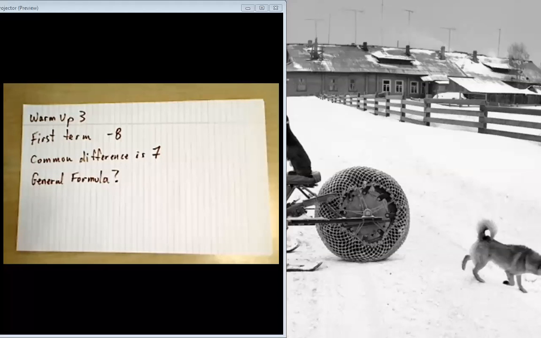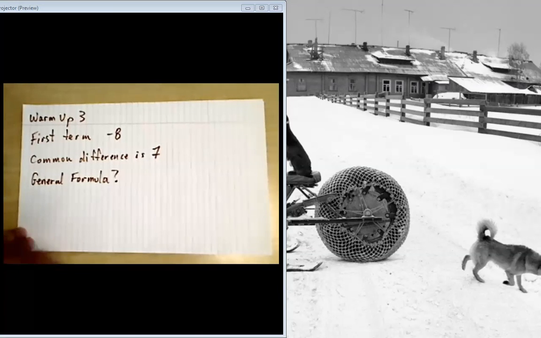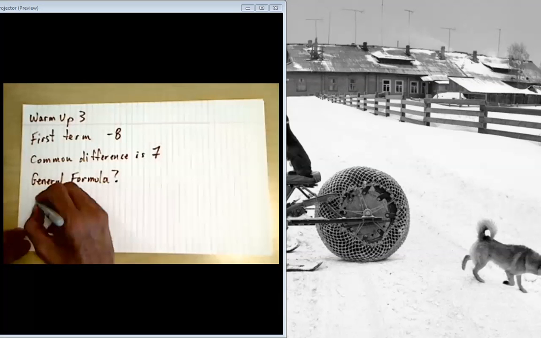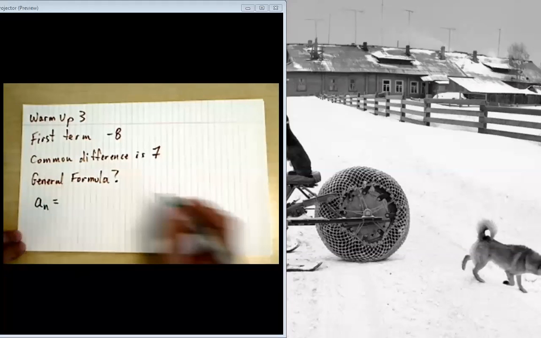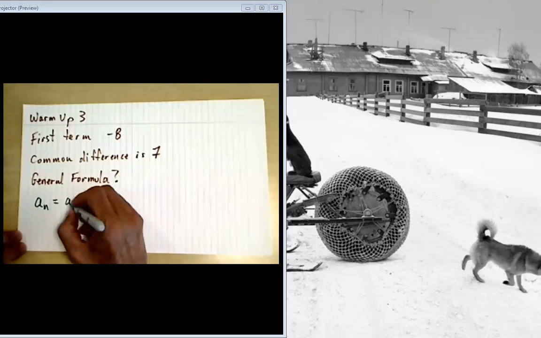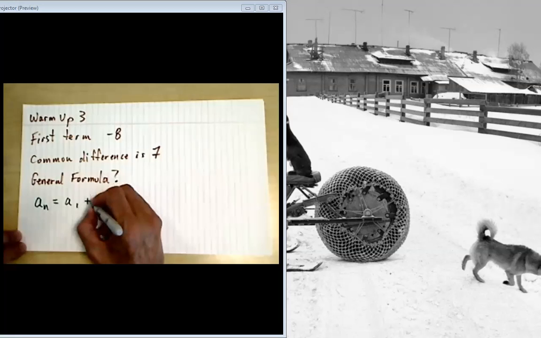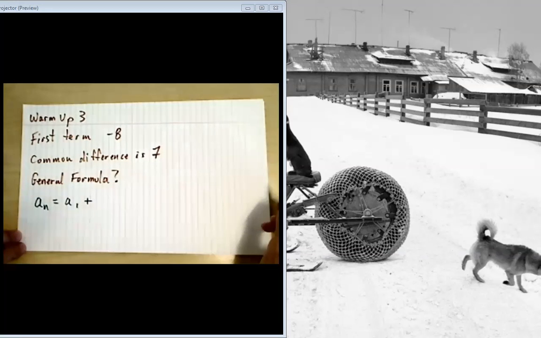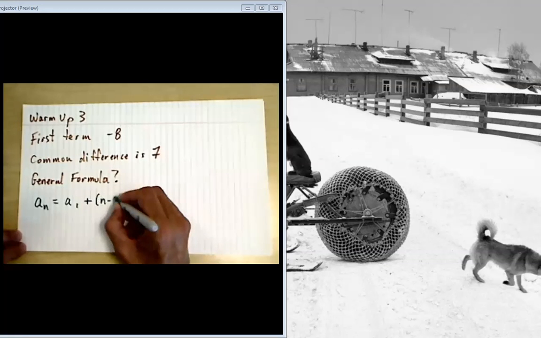A n is equal to A 1, in a bracket n minus 1, times d.